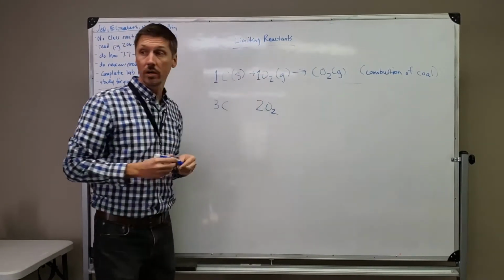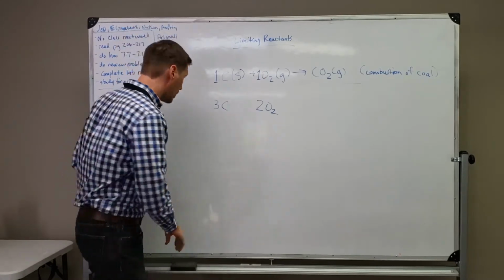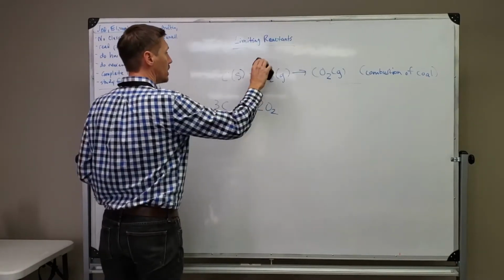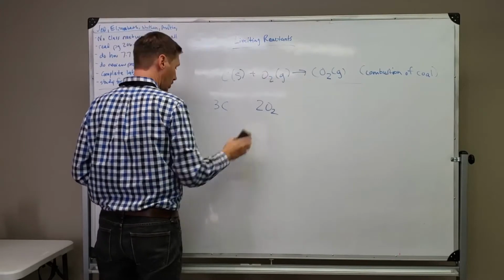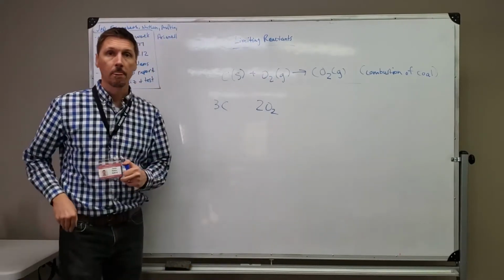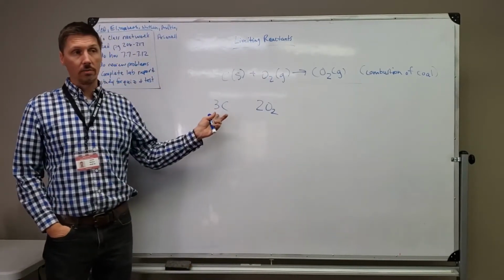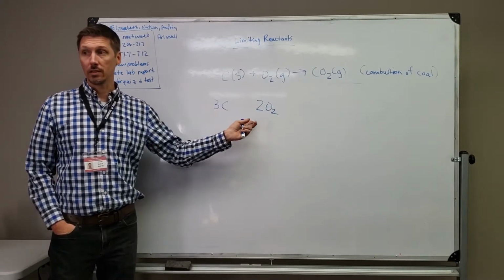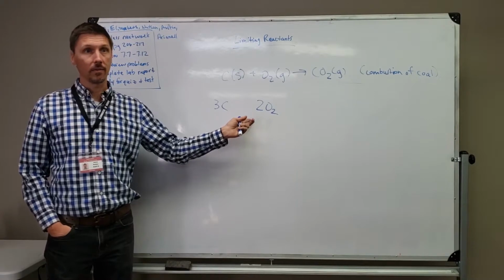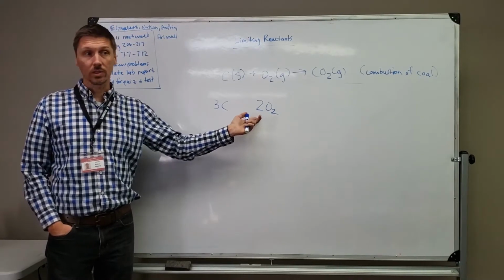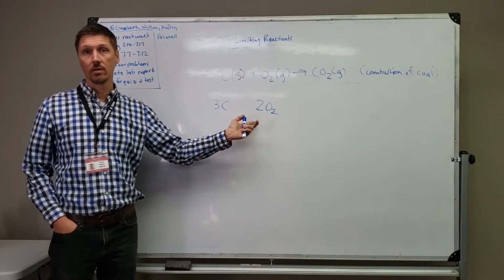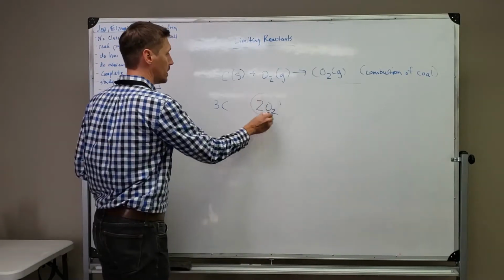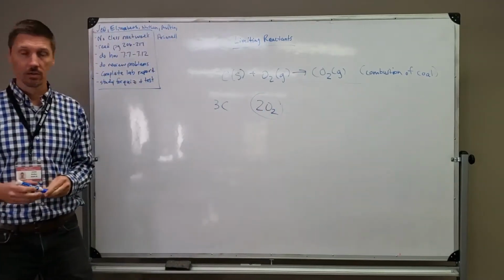We have an understood 1 in front of that, right? So for every 1 mole of carbon, we have 1 mole of O2, correct? So if I have 3 carbons, then for the full reaction to take place, how many O2s do I need? 3. I need 3, right? But I only have 2. So which one's going to limit the reaction if this is the case? The O2 is limiting the reaction, right? Does that make sense?